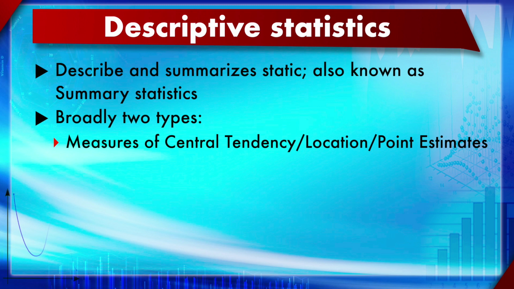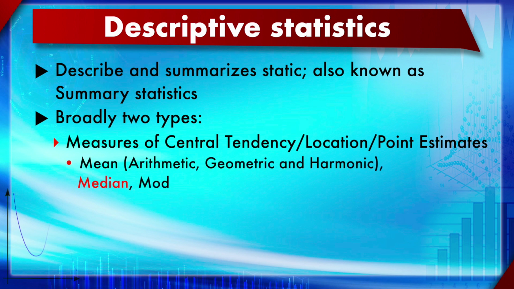Still it just comes up with one number. For example, the literacy rate of India is just one number, 70.1. Examples are mean. Multiple kinds of means are there: arithmetic mean or average, geometric mean, harmonic mean, then median, mode and percentile. These are all examples of the measures of central tendency. The other kind of descriptive statistics is not just one number but a range.